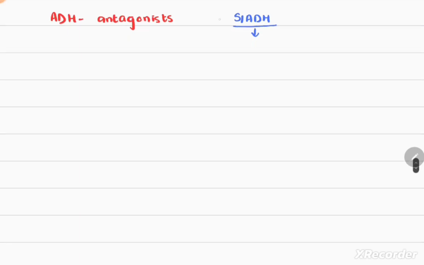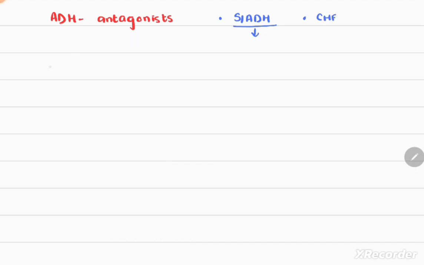There are certain drugs that are used as ADH antagonists. These drugs are used in the treatment of congestive heart failure, and also there is a syndrome known as SIADH, a syndrome of inappropriate ADH secretion. So ADH antagonists are used in this condition, and in congestive heart failure.